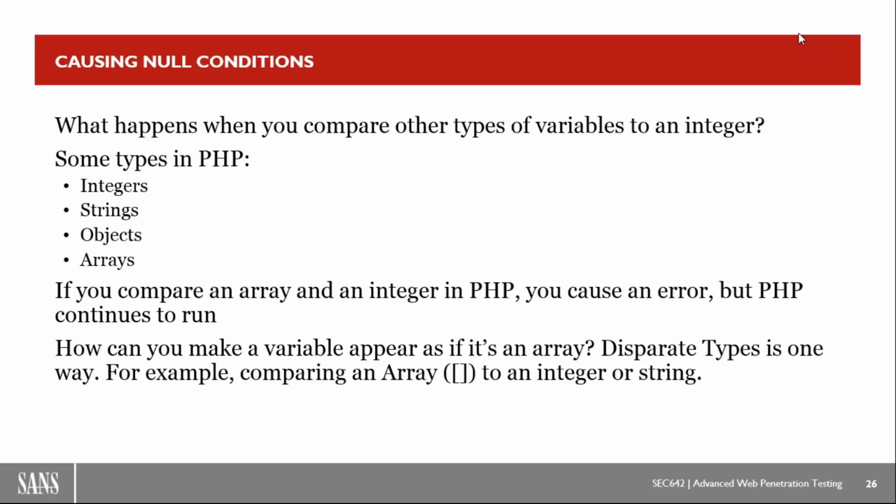So if the null was supposed to compare with a 0, it'll actually pass the check. It's a bizarre edge case, but it's an edge case that attackers have been abusing for many, many years. I'll show you what that looks like and how that works.